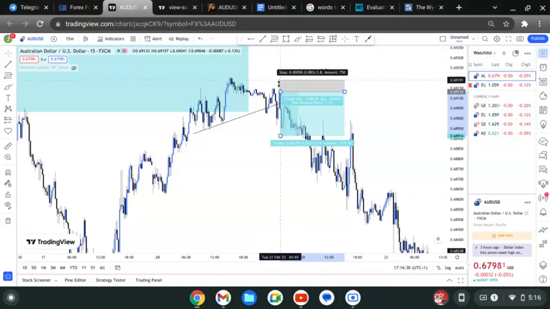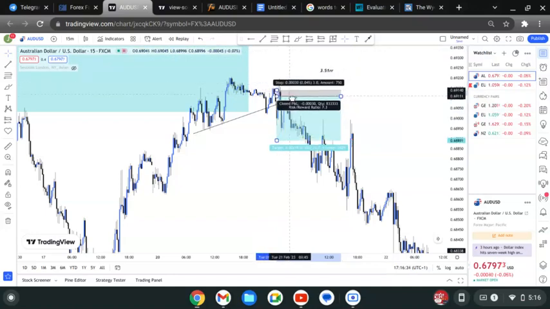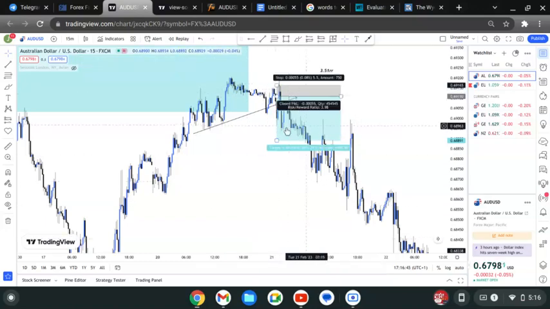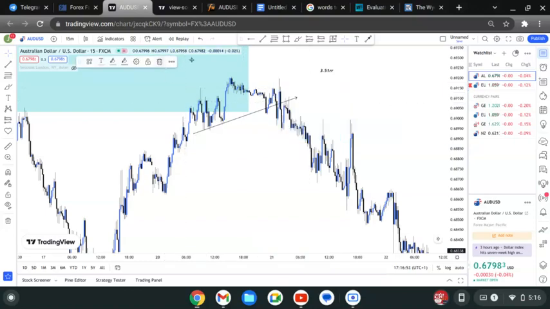I would have entered from here. Using this zone as my entry point, I would have probably entered from there, which would have stopped me out. But still, you can see another opportunity forming at this zone.